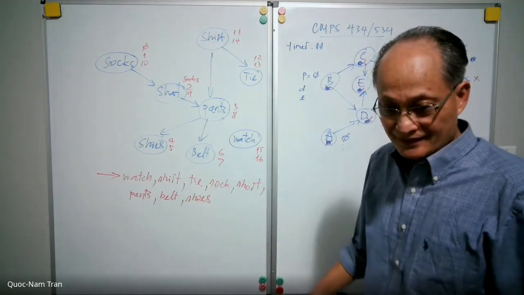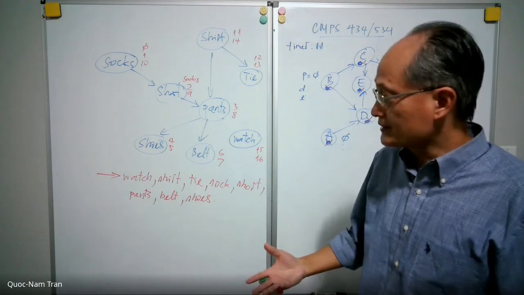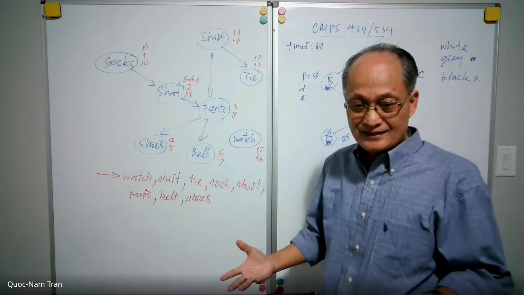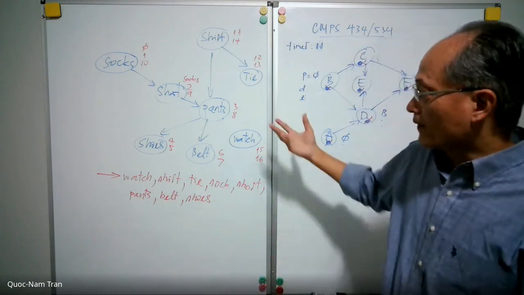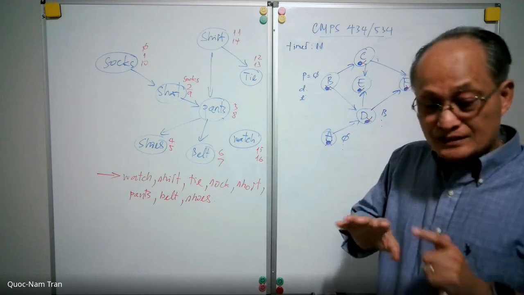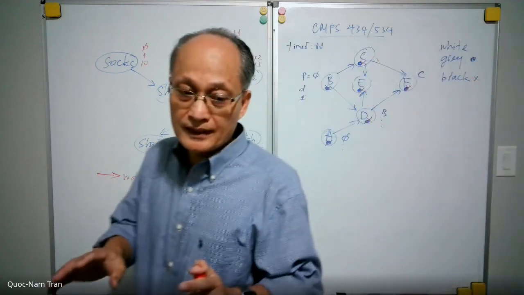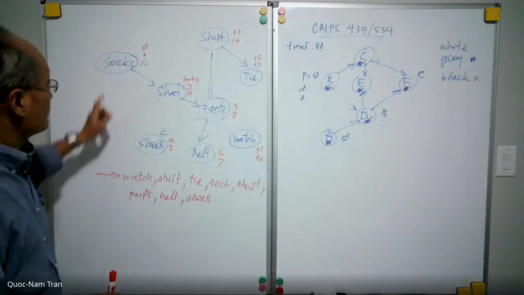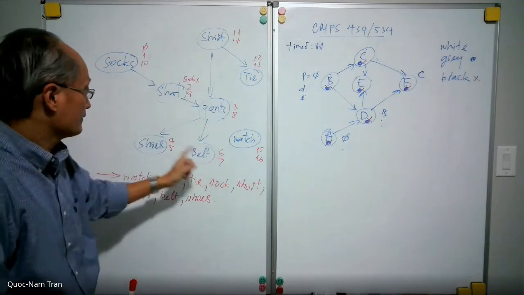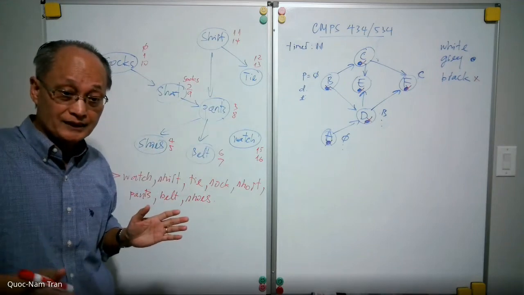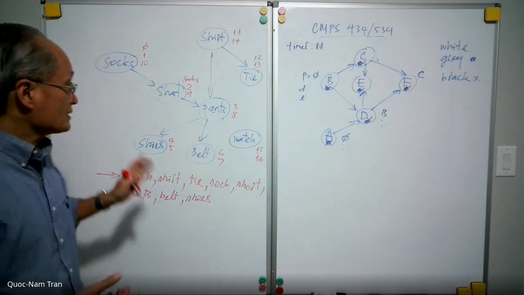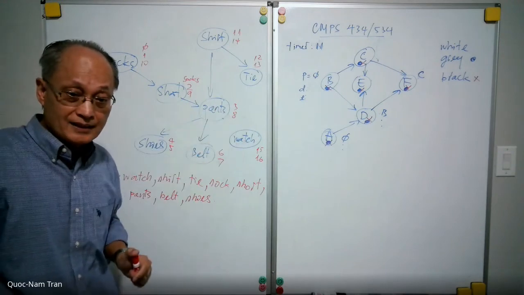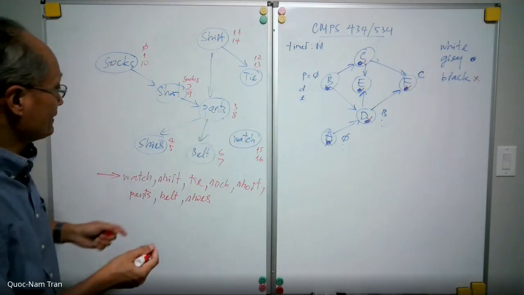Okay, is the solution? I mean, is the algorithm simple? Yes, it's simple, right? Remember that before, if we use exhaustive search, we have to consider all possibilities. In this case, we have 8 factorial possibilities, right? But here we just have to scan the nodes using DFS. And you know what is the complexity of DFS?